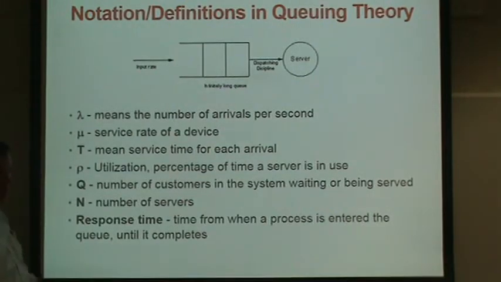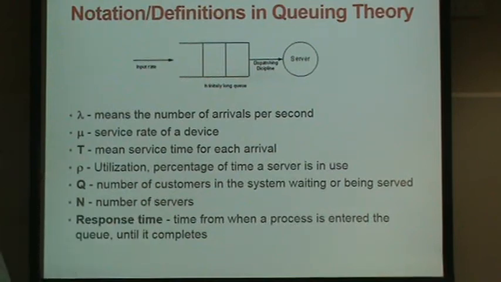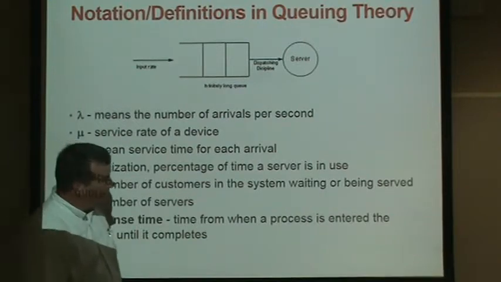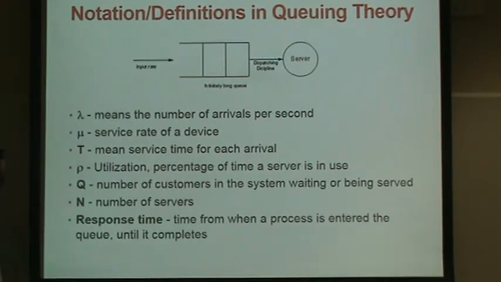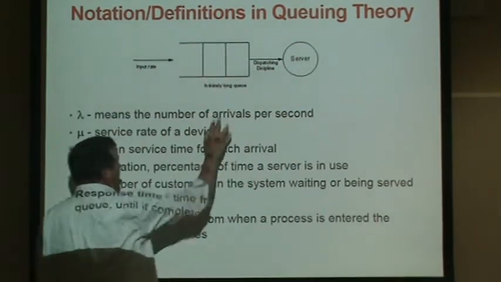Are they serving somebody? And what percentage of the time are they idle? So we're going to use the Greek letter rho to represent the utilization of the server, or the percentage of time the server is in use. Capital Q will be the number of customers in the system waiting or being served. So that would be someone who's either in service or waiting in the queue at any point in time.